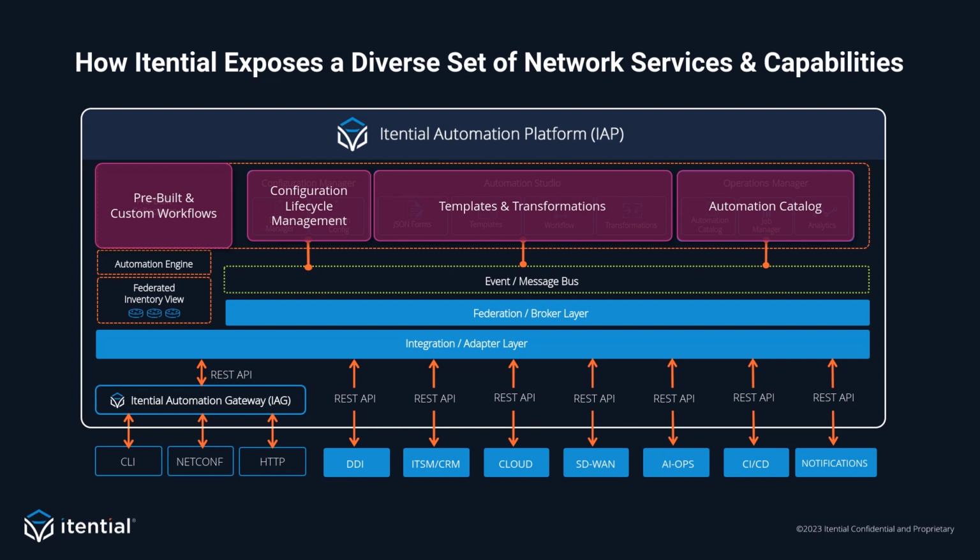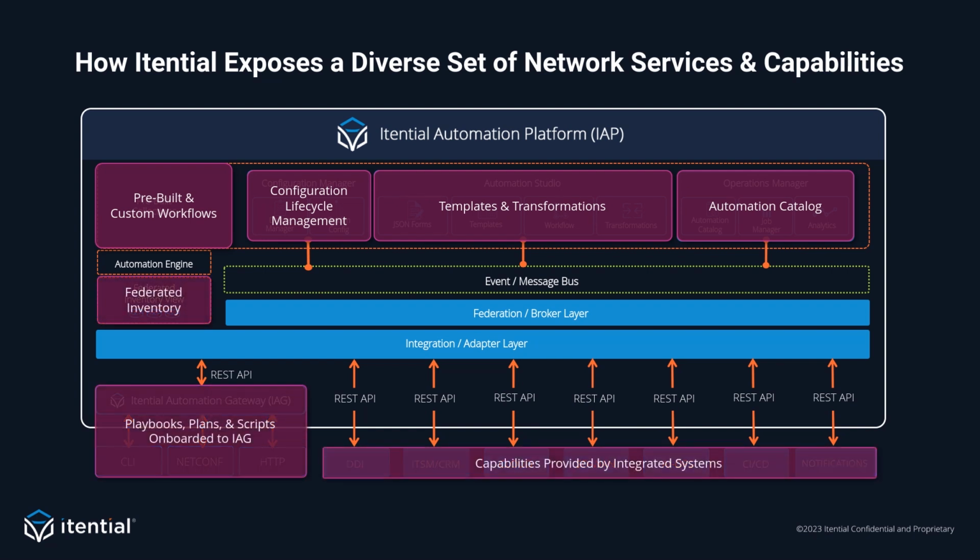We also provide templates and data transformations, which become objects that can be called. So if somebody wants to do pre-checks or they want to do a data transform, they can just call that function. And we've got the automation catalog, which is any assets that get custom created by the users can then be exposed for consumption by the pipeline.